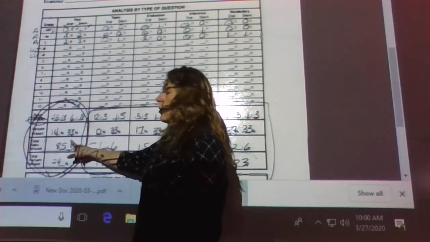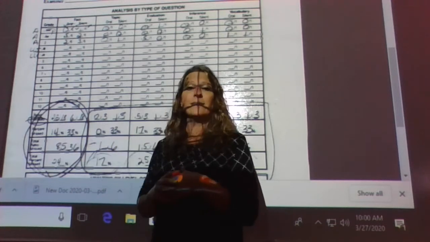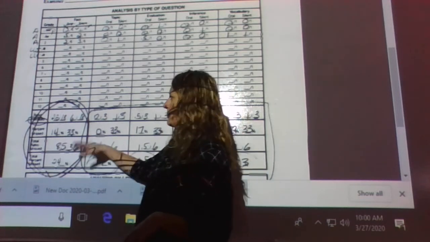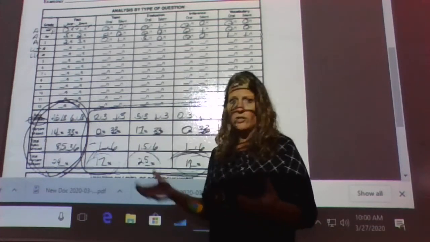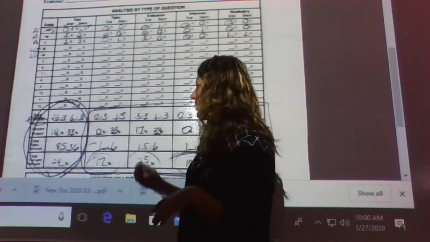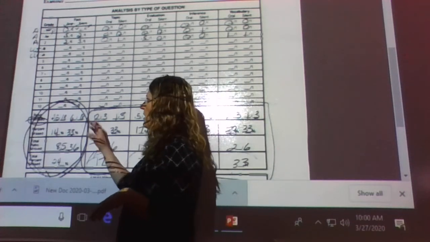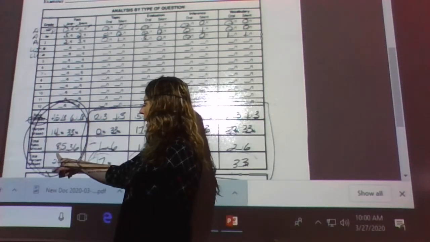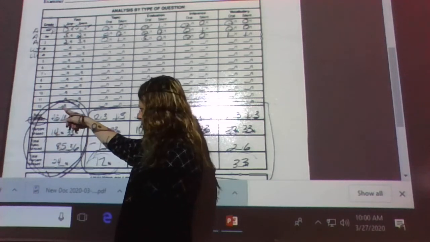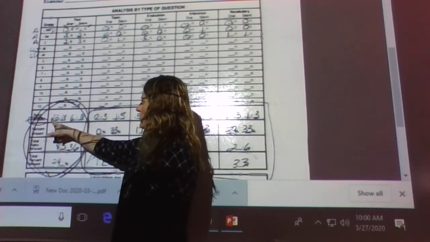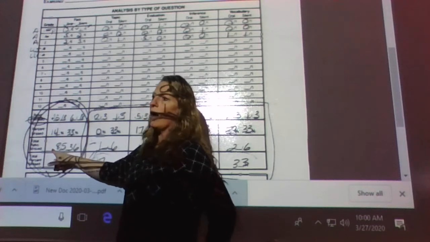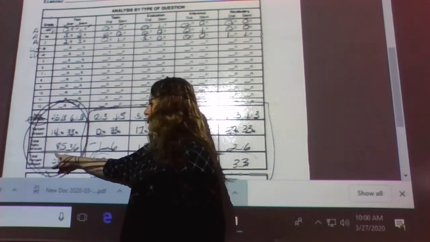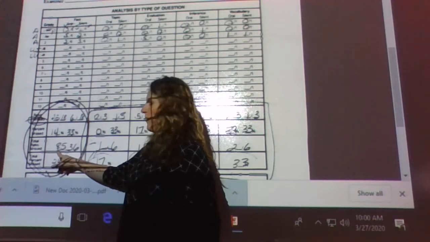Now, we're going to look at overall factual, combining silent and oral, and this is where sometimes people get a little confused, but if you keep in mind that we're doing ratios, we're going to do the same thing to both sides of the ratio. So we added 2.5 plus 6 for the total number of factual questions that our reader missed, 8.5.